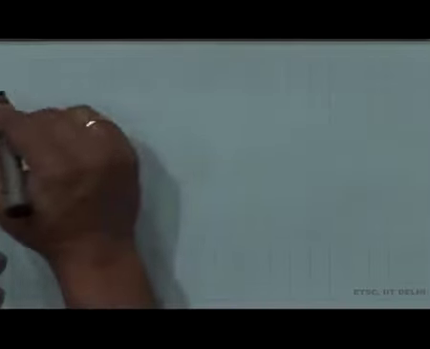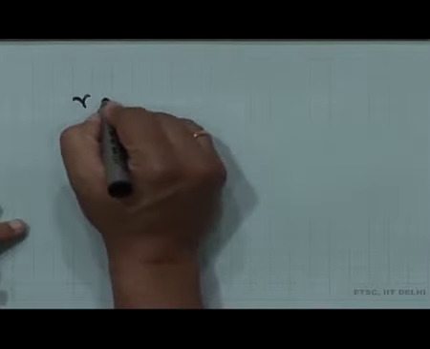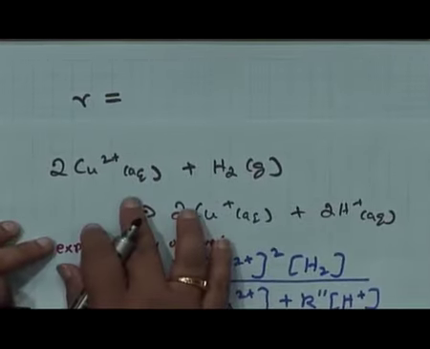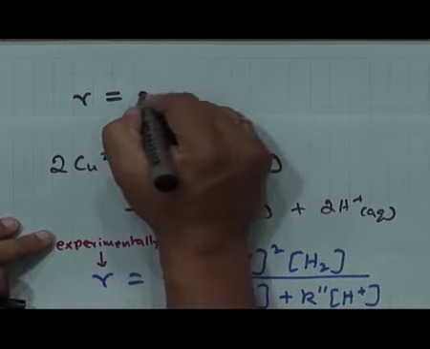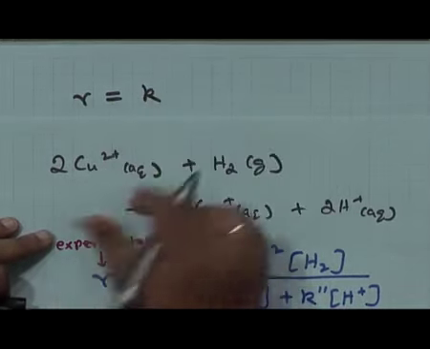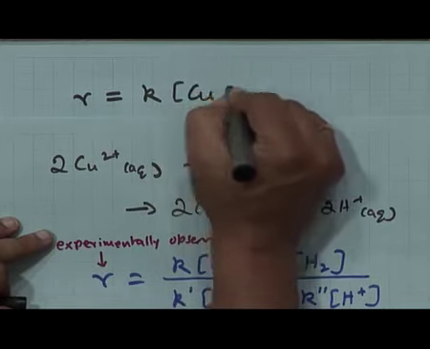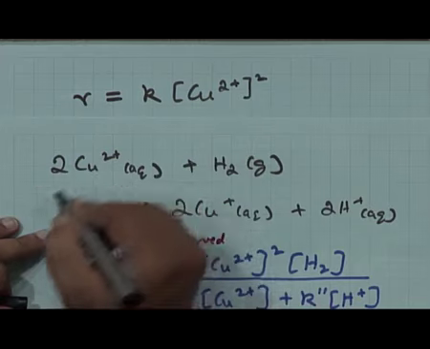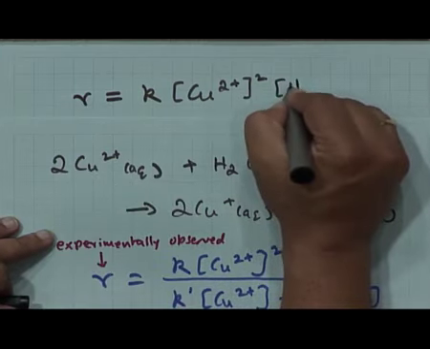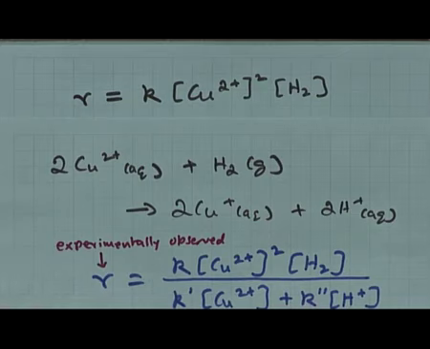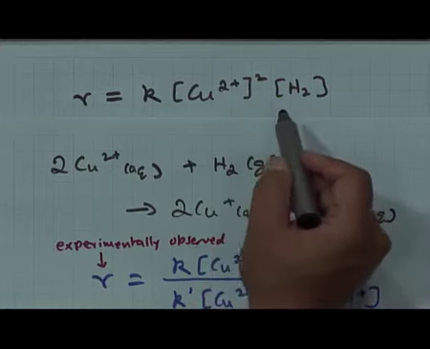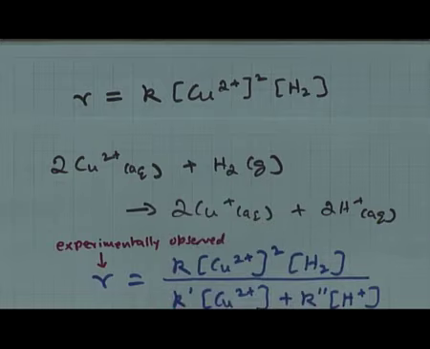The rate expression, had it been elementary, can be written as R is equal to K, our rate constant, times Cu2+ squared times H2. So, we can write this rate expression straight away from the balanced chemical equation.